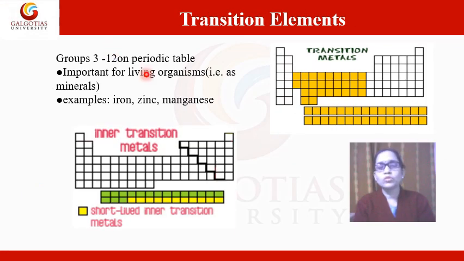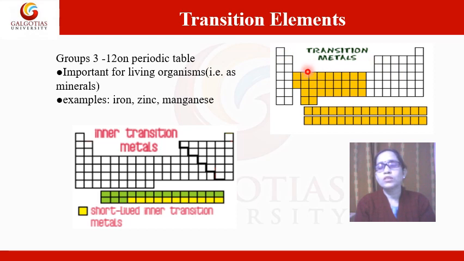Groups 3 to 12 in the periodic table are called transition elements. Why are they known as transition elements? Because their properties transition from the s block elements of 1A and 2A to the p block elements. So these are known as transition metals.